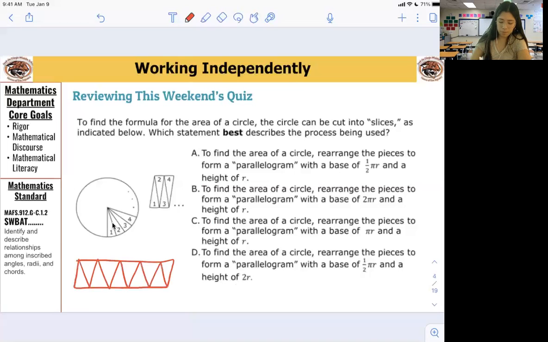Based on the definition, what is the base of this parallelogram? Pi r. What is the height of this parallelogram? What is the height?